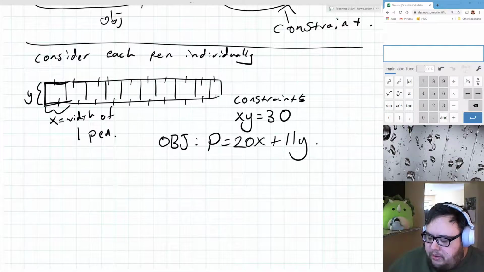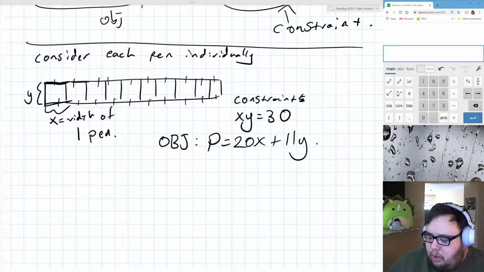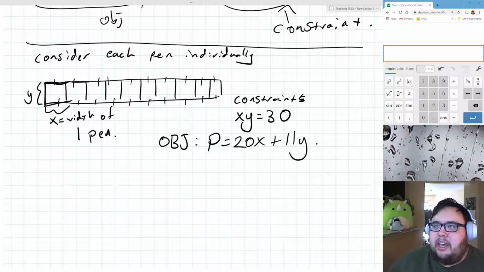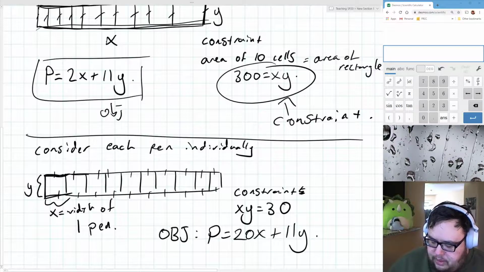Both of these examples are actually totally identical. If you eliminate x, they result in the same answer as if you eliminate y. Okay. Any questions about these two setups?